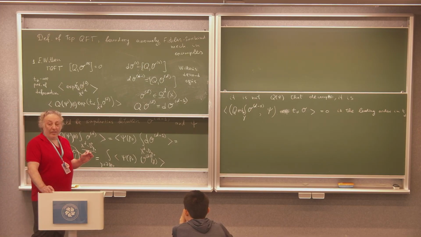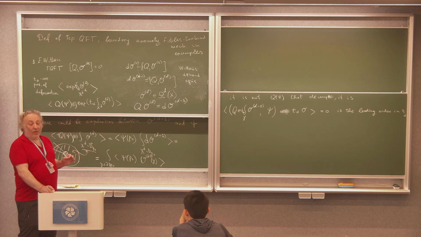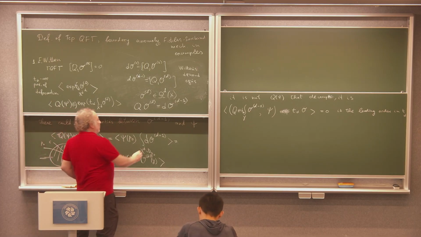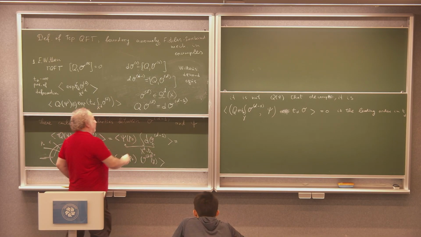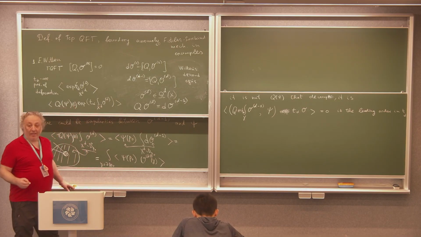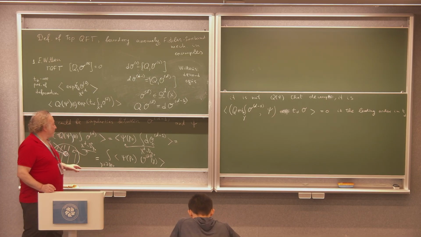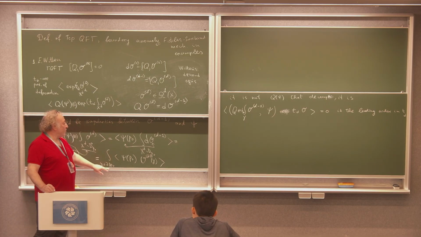So the boundary itself is small. However, if there is a singularity in correlation between this O and this psi, even a small boundary can give a non-vanishing contribution. So that's why this is the result.